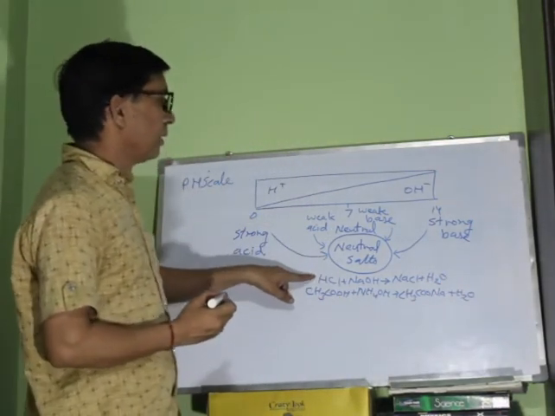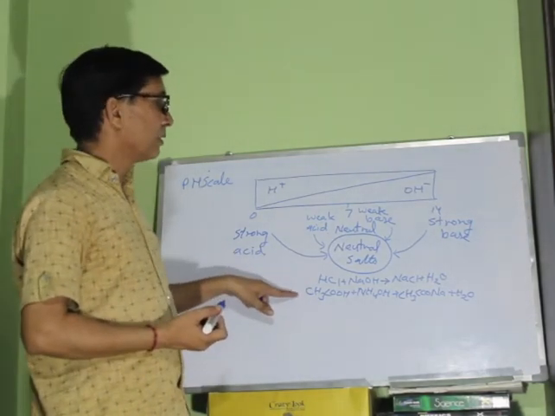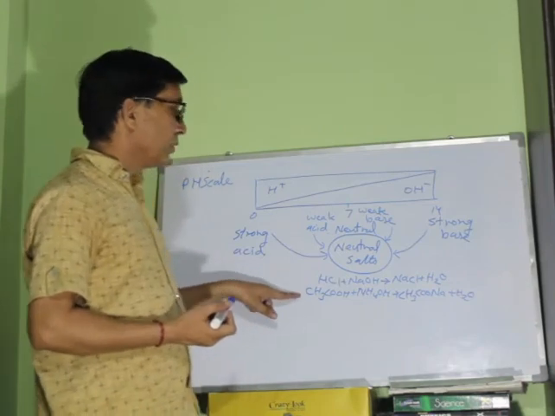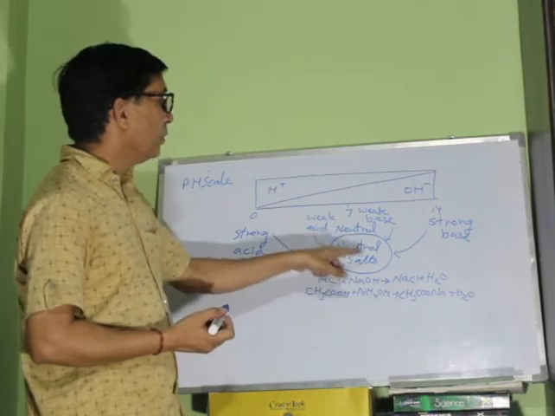So this is also the formation of a neutral salt, one from a strong acid and strong base, and this one from a weak acid and weak base. These both are examples of neutral salts.